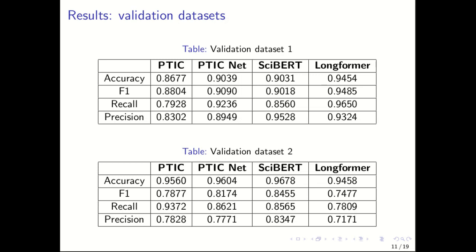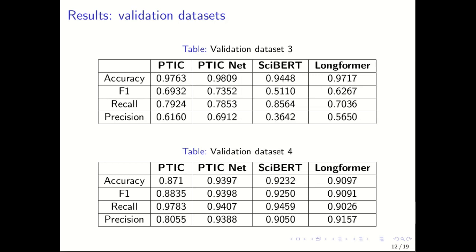At the same time, TIS significantly outperforms transformers on validation set 3 with a small portion of positives. Our weighted version TISnet demonstrates overall better performance than the classical one. On validation set 4, which was designed to check our fit, the absolute leader is TISnet. Longformer is more sensitive to changes in data sources.